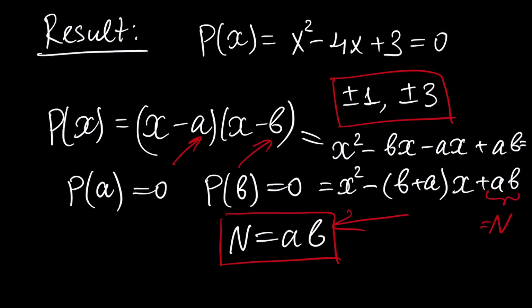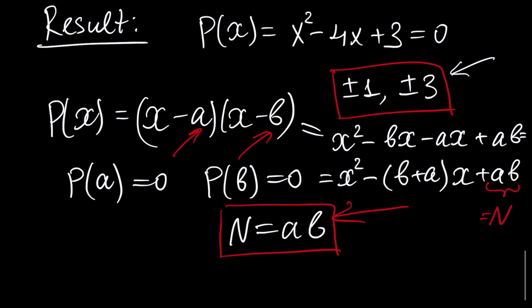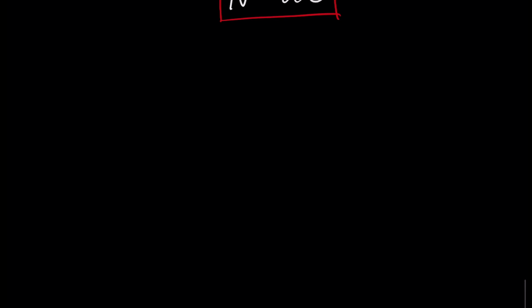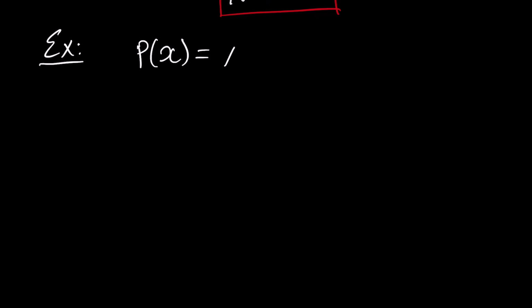Let's give one more example in this case. Example for polynomial p of x equal to x squared minus 4x plus 3.